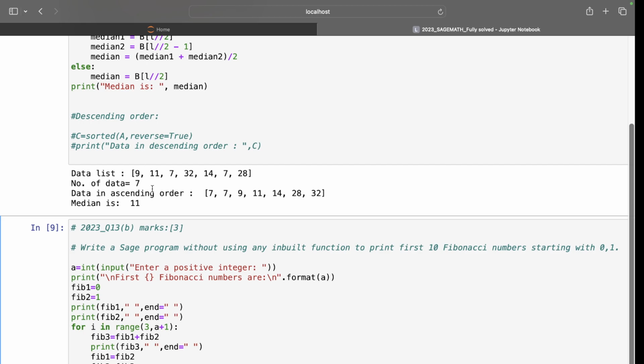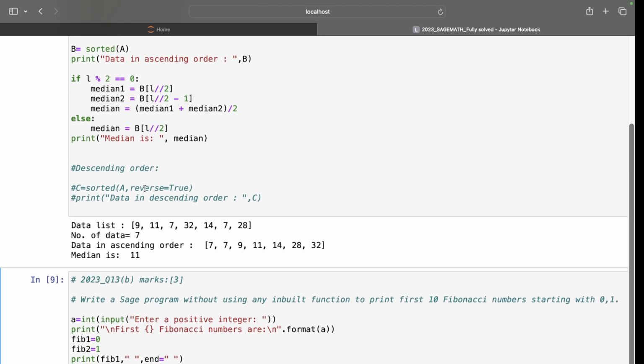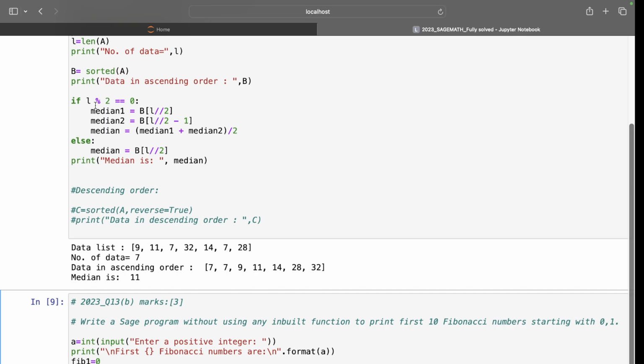So actually run this program. The number of data is 7. Here 7 modulo 2 is not equal to 0, so median equals B of 7 double slash 2, the quotient division, which is 3. In ascending order, B0 is 7, B1 is 7, B2 is 9, B3 is 11.